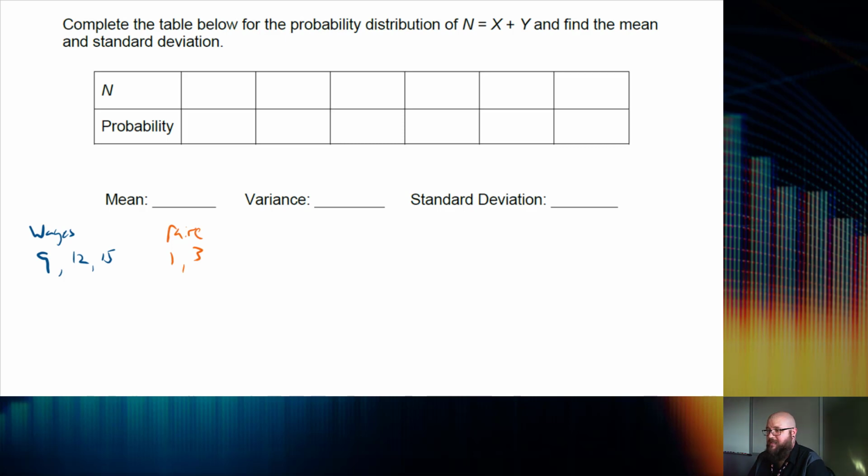So we're going to combine these. We're going to find our n values, which is x plus y. Our x's are the blue, and our y's were the orange.